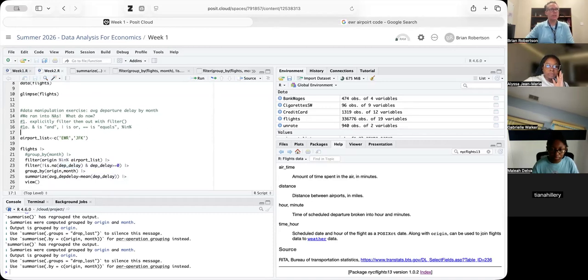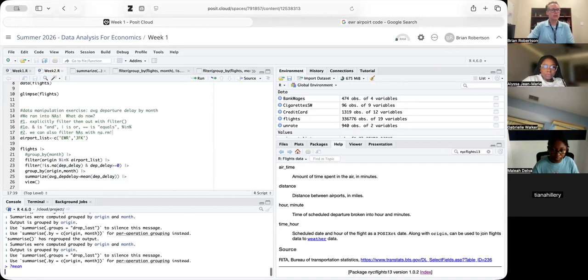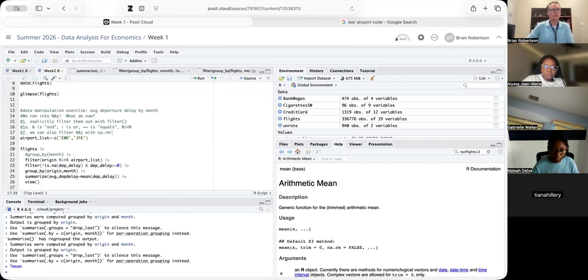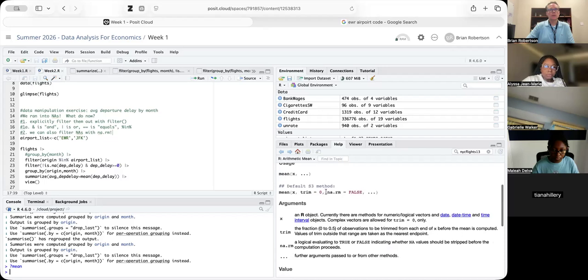And then lastly, I do want to show you a different way. We can also filter NAs with NA.rm. If I go into this function here, into mean, you see this little flag?